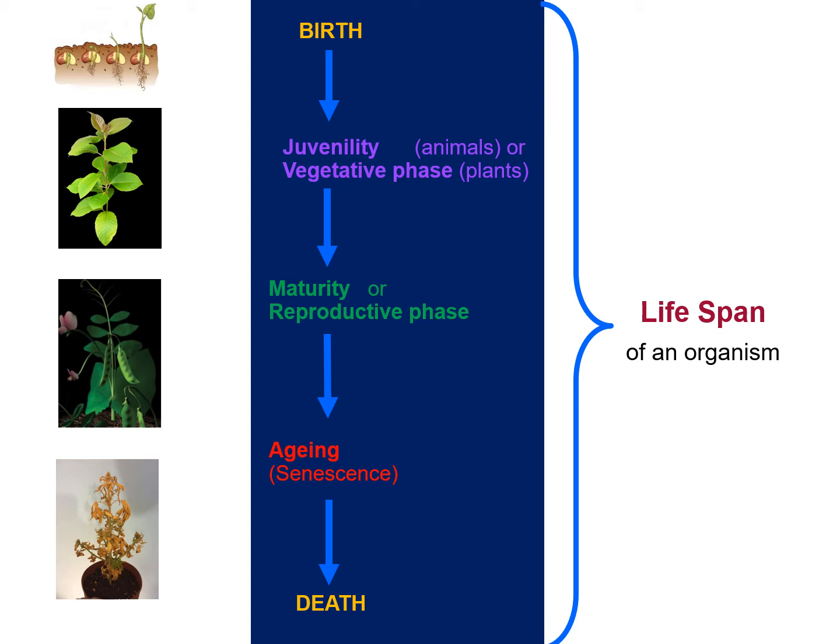However, after birth, the initial part where an animal or a plant undergoes a vegetative phase that just keeps growing and doesn't reproduce, we call it the juvenile phase or juvenility in animals. So, the young phase, that is.